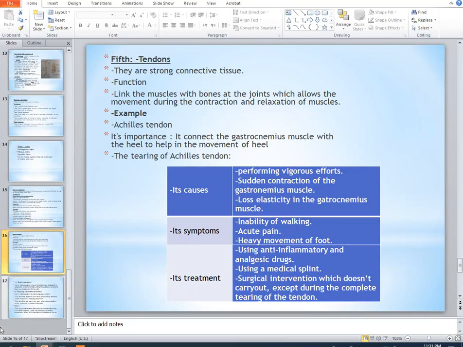Tearing of the Achilles tendon is caused by performing vigorous effort, sudden contraction of the gastrocnemius muscle, and loss of elasticity in the gastrocnemius muscle. Symptoms are inability to walk, acute pain, and heavy movement of the foot. We can treat it by using anti-inflammatory and analgesic drugs, using a medical splint, or surgical intervention, which is carried out only in complete tearing of the tendon.